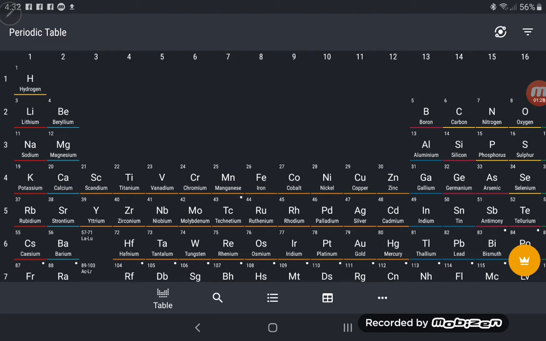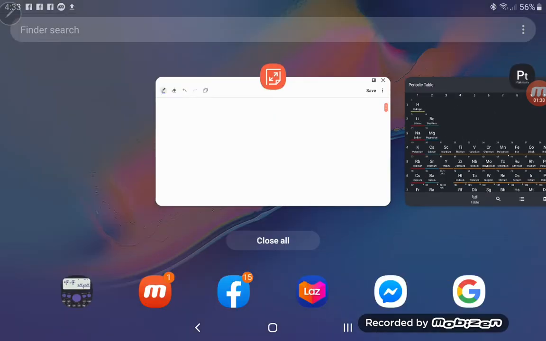So let's say we want to take sodium and chlorine. Sodium has an atomic number of 11, while chlorine has an atomic number of 17.